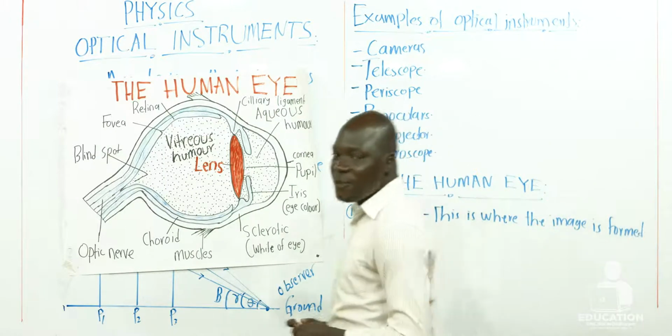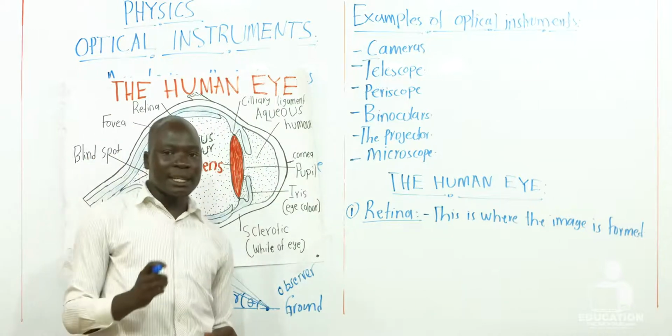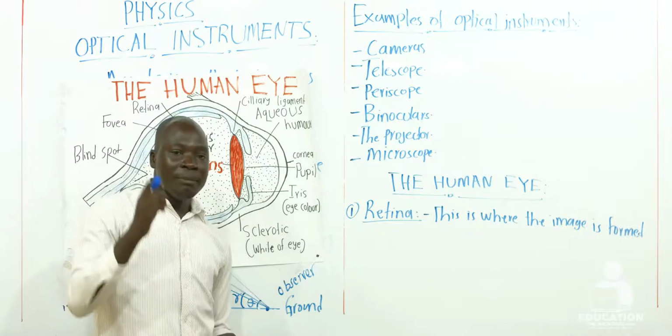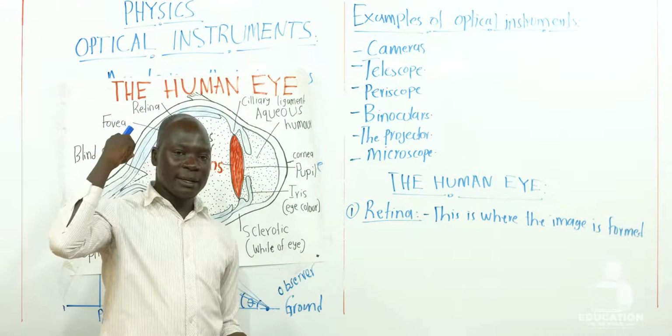Which means when you see an object and you understand that it is a human being, it means that an image has already been formed on the retina.